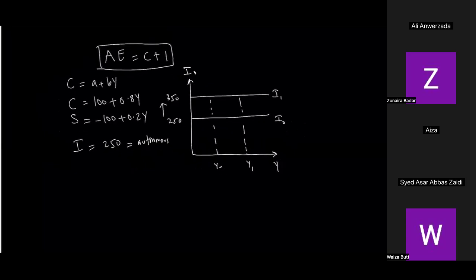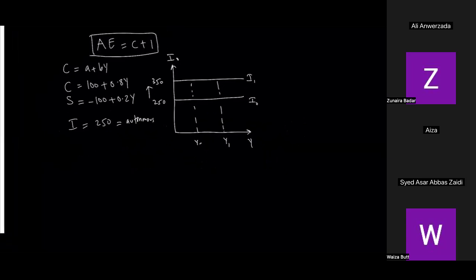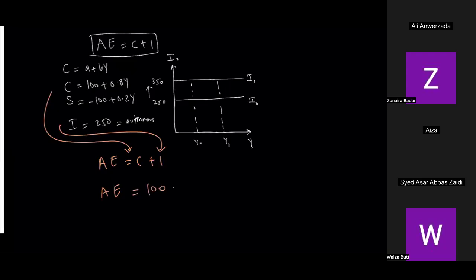Then we talked about the idea that if you look at the equilibrium, so now the new equilibrium will be AE is equal to C plus I. If I put C here and if I put I here, my AE will become 100 plus 0.8Y plus 250, or AE will become 350 plus 0.8Y, right?